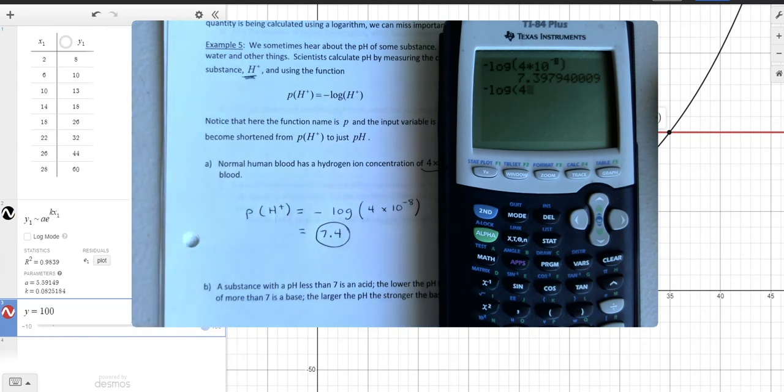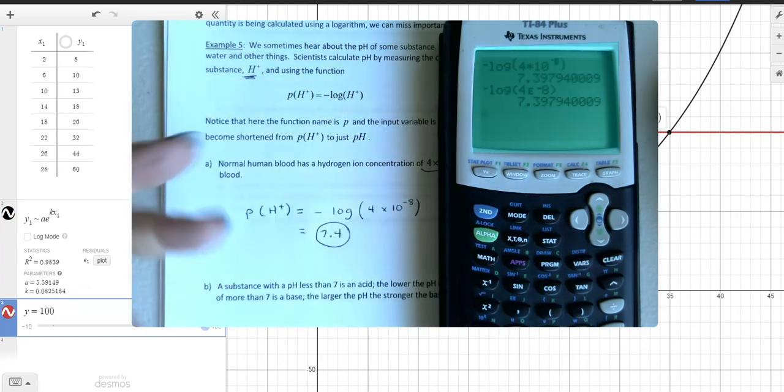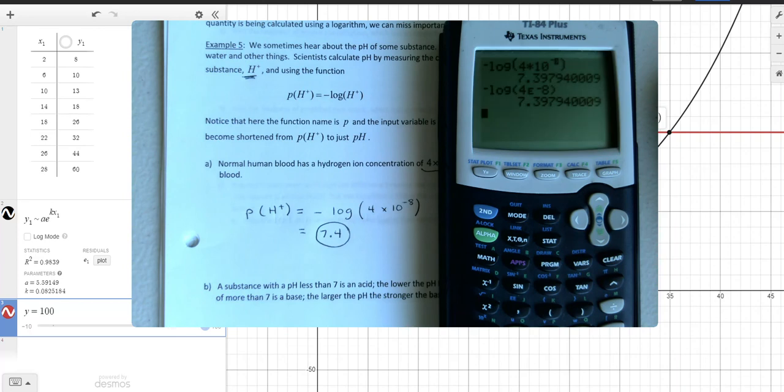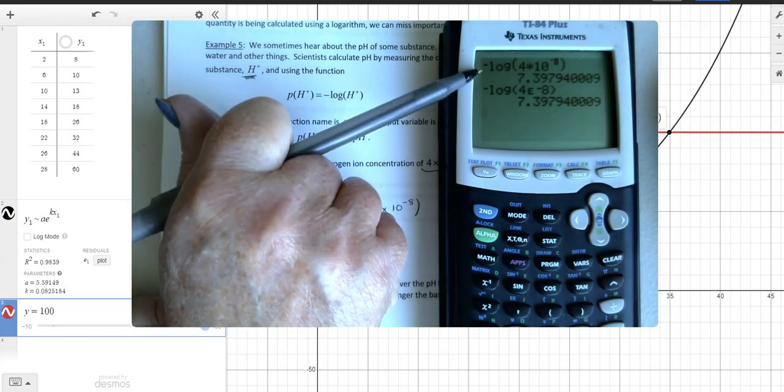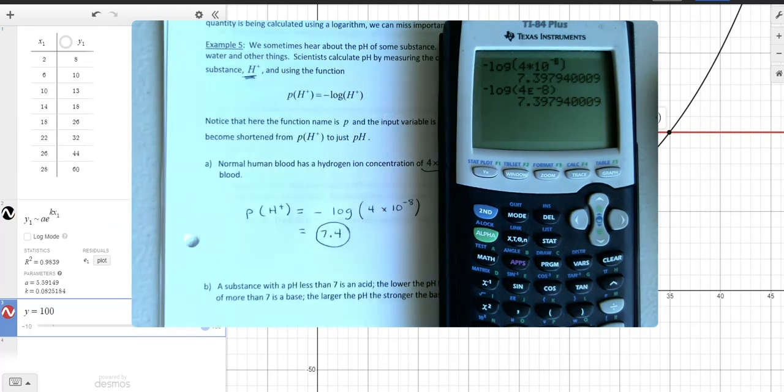And so I could do double E -8. And notice it gives me the exact same thing. Essentially, that double E key kind of puts in the 10 raised to the power for you. So if you're ever told, hey, just use that key, that's what it's for. I personally think it's just as easy to do this because then I don't have to remember something else, but that's up to you guys.